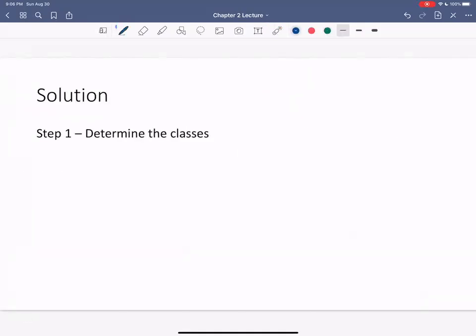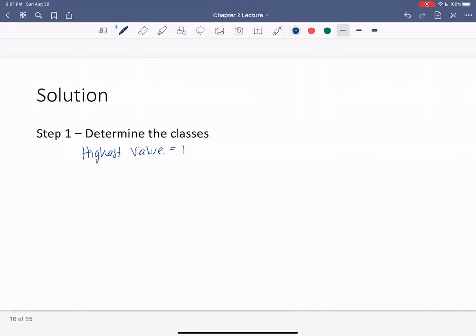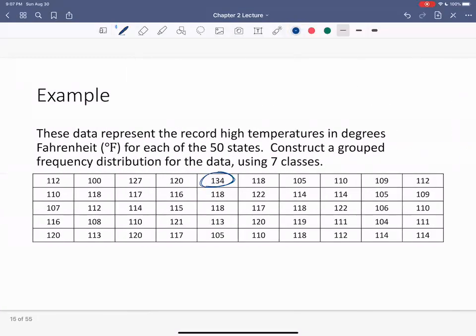So the first step is we need to find the highest value. In our case, our highest value here was 134, which was right here. So there's our highest value right there. Okay, now we need to find our lowest value. Our lowest value is 100, which shows up right here.